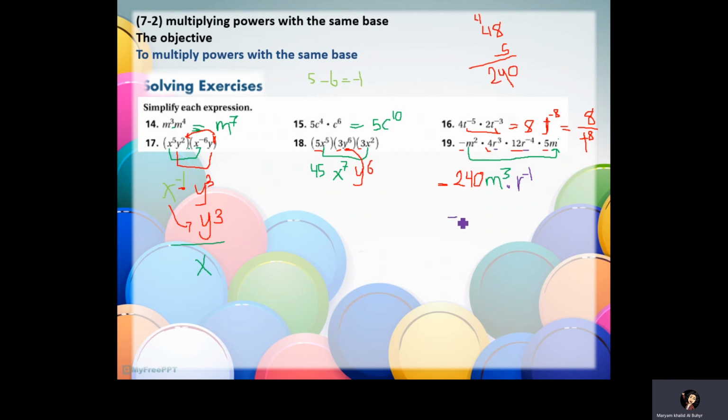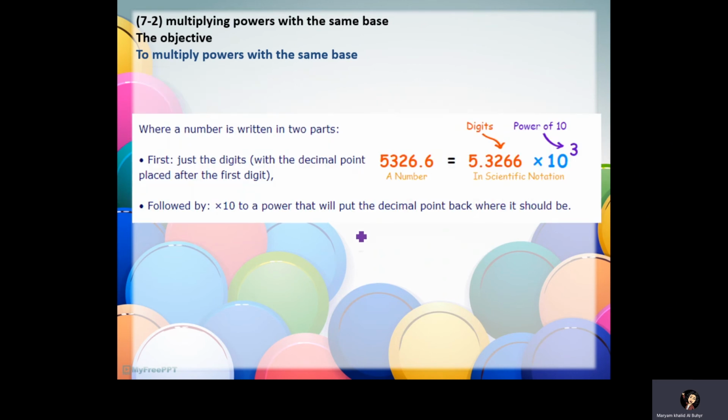So I'm going to say negative 240 m to the power 3 over r to the power 1. So that's what we need. We are done like that. If you want to write this one or not, it's up to you. So that's the solution for all these exercises.